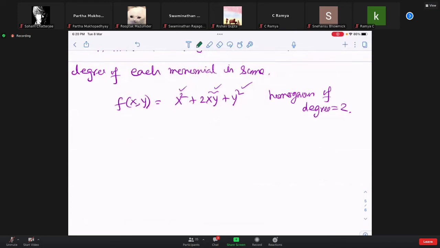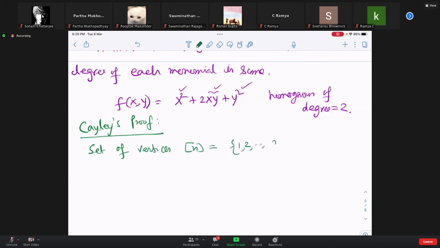So the set of vertices on which we are going to count the trees is 1, 2, up to n.